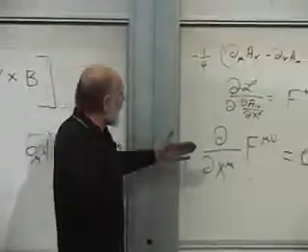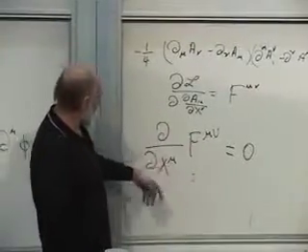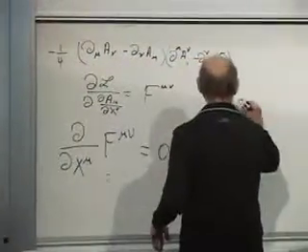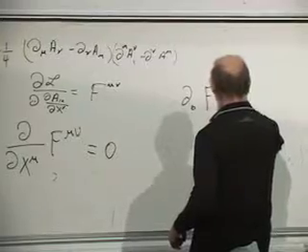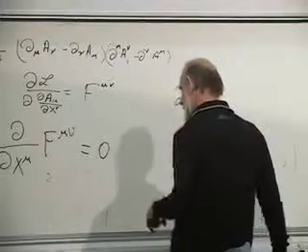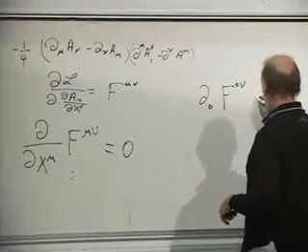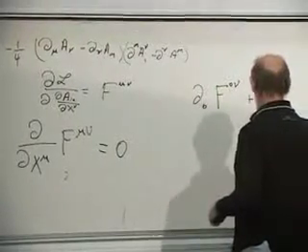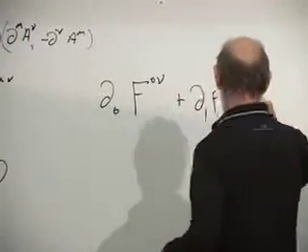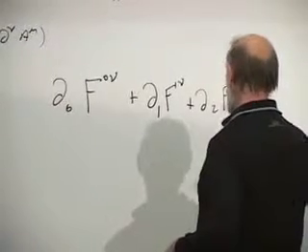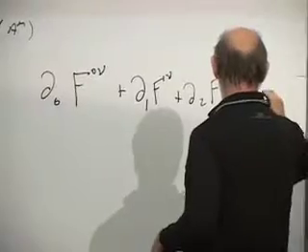In particular, if you plug in for F, for example, let's take a little piece of it. Let's take d naught of F naught nu, plus d1 of F1 nu plus d2 of F2 nu plus d3 of F3 nu.